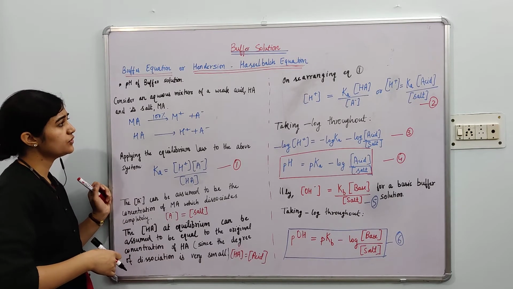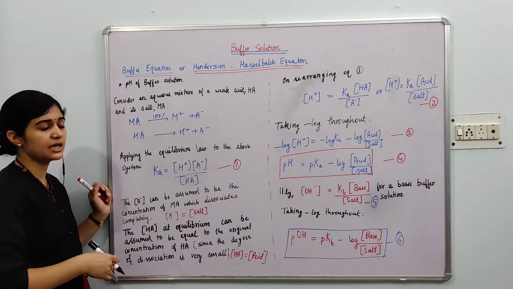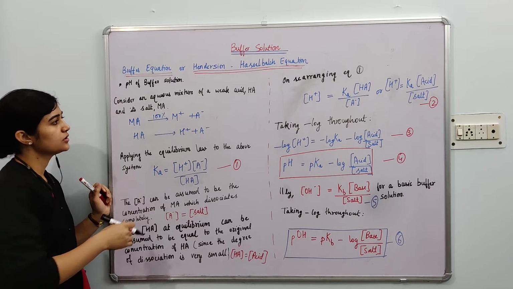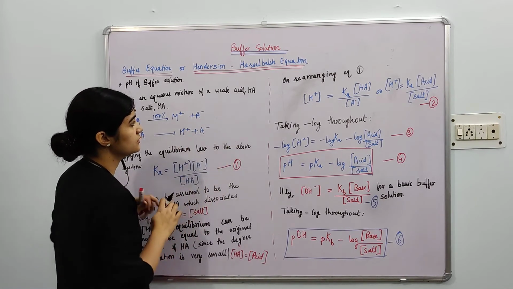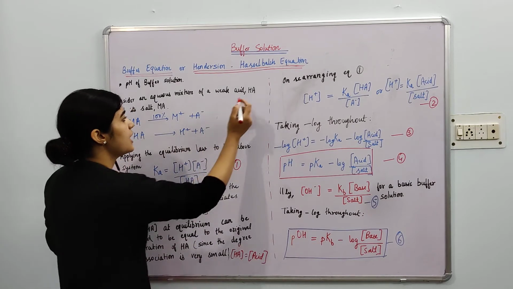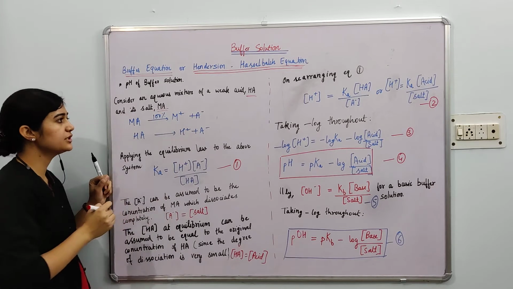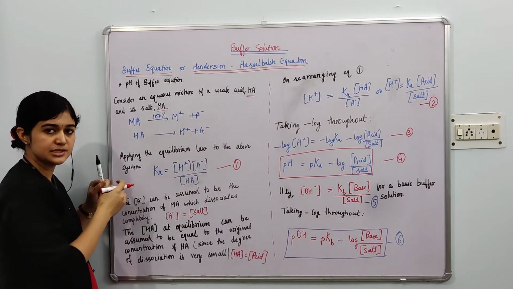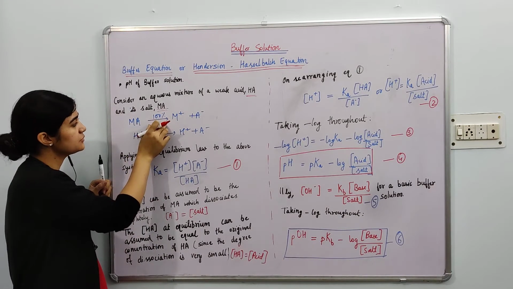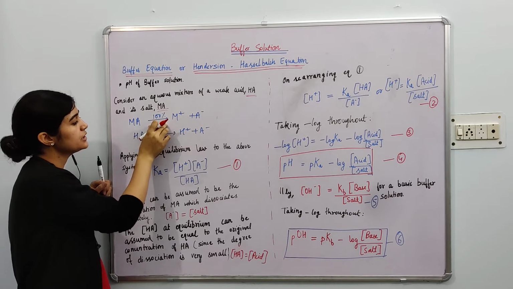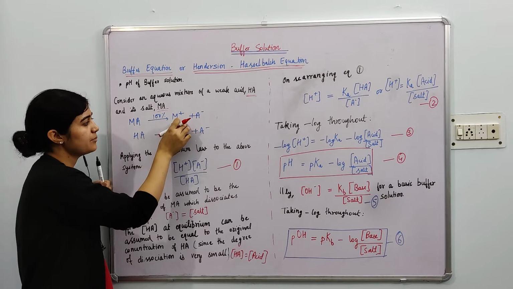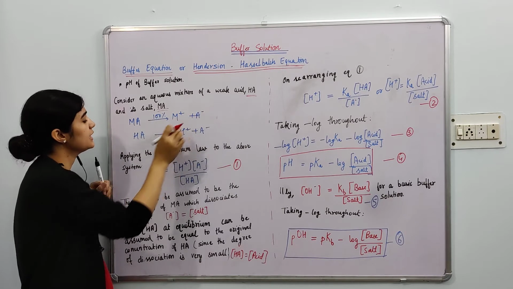First of all, consider an example of a weak acid and salt. So I have taken a general weak acid HA and its salt MA. Now we know that salt dissociates completely into its ions, so I have written 100% here. So MA is 100% dissociating into its ions, that is M positive and A negative.